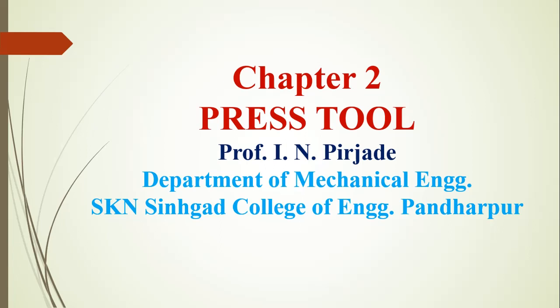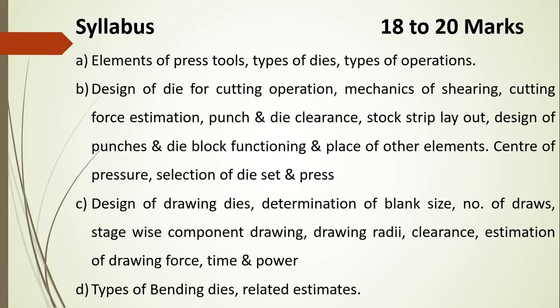That is question number 2 from section first, which is compulsory, and in section second, question number 6, which is again compulsory. In section first, press tool or draw tool, and in section second, jig or fixture. Okay, let us see the syllabus for that particular chapter.